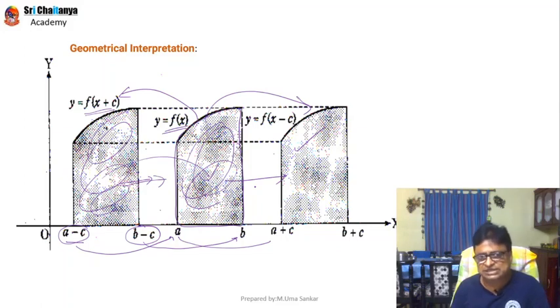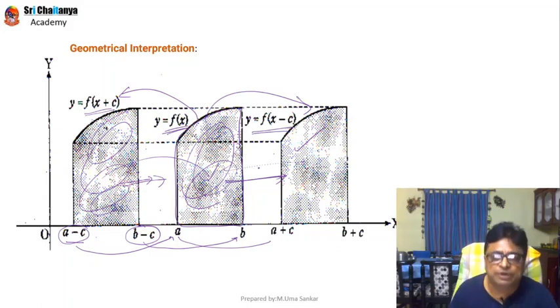If you are saying c units right, then f of x becomes f of x minus c, or c units left, then f of x minus c becomes f of x. This is the only difference, but the area bounded by the curves is the same.